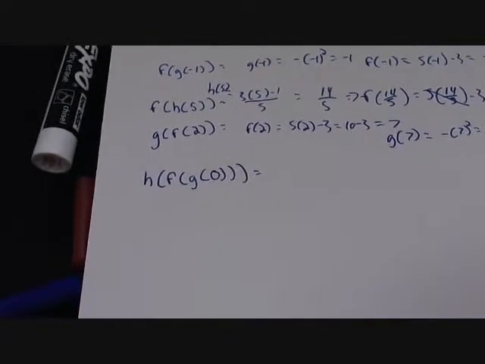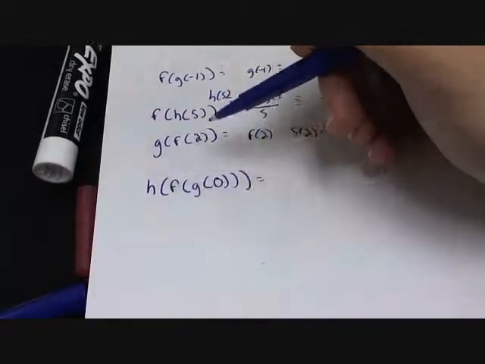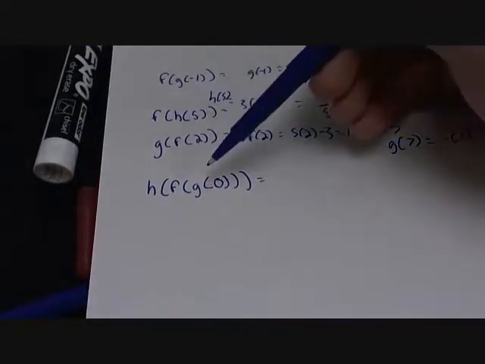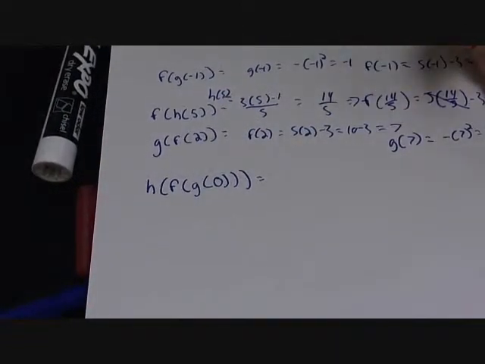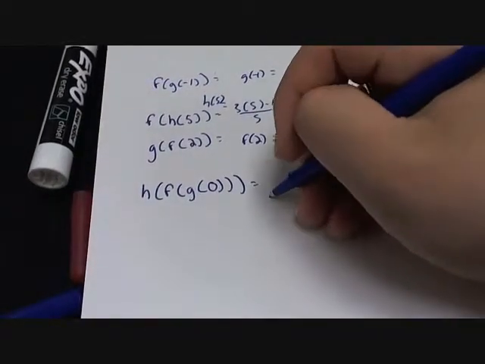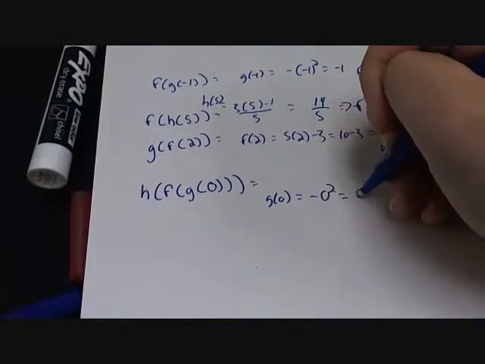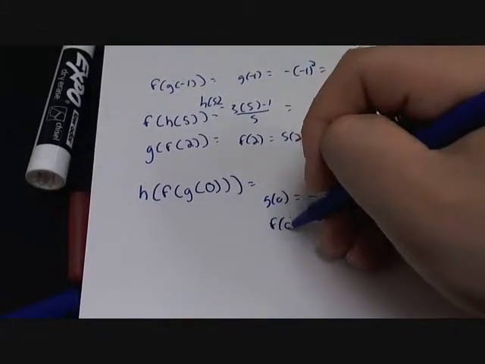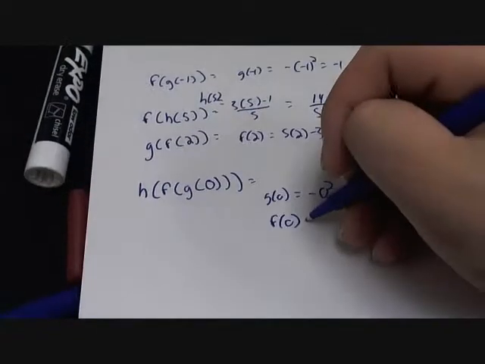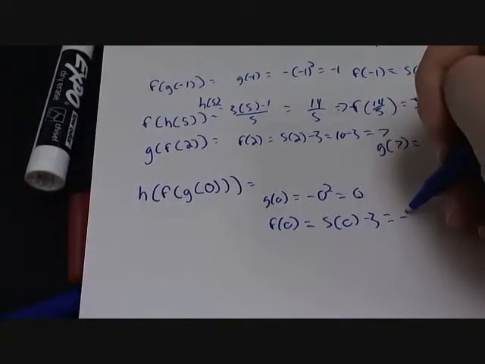All right, now it's a little bit tricky, but it's the same thing. So we have h of f of g of 0. You have to work yourself outwards. First things first, we solve g of 0. So g of 0 is equal to negative 0 squared, which is just 0. Now we have to find f of 0. f of 0 is equal to 5 times 0 minus 3, which is equal to negative 3.